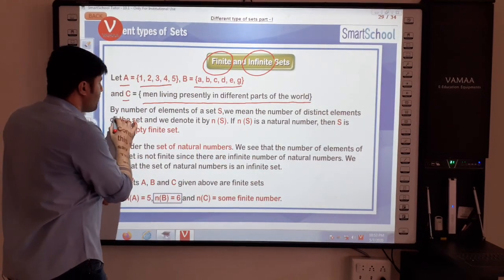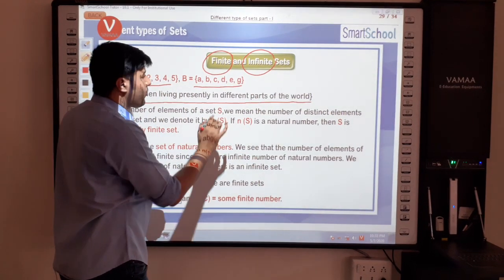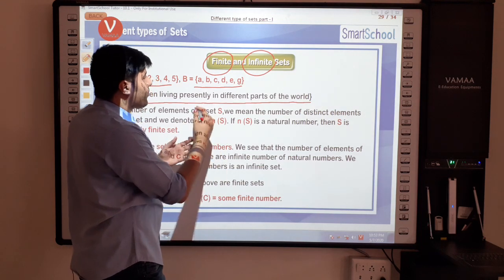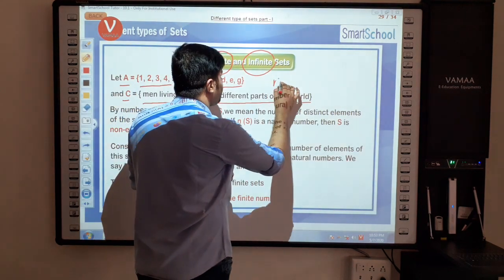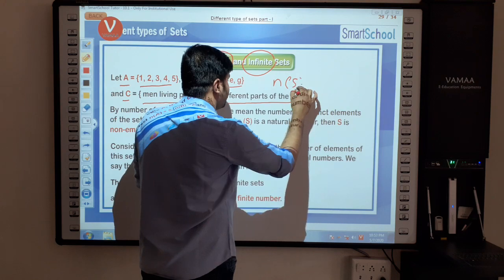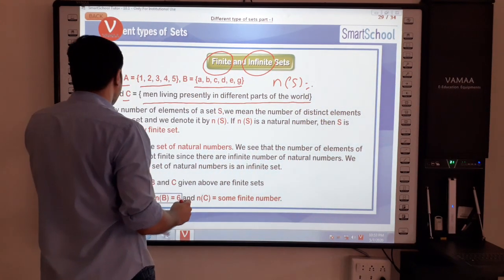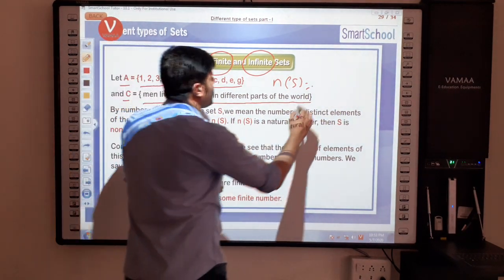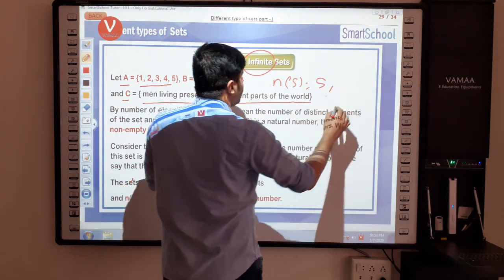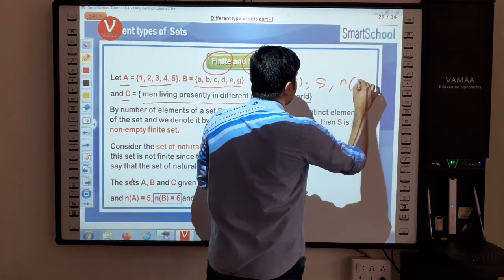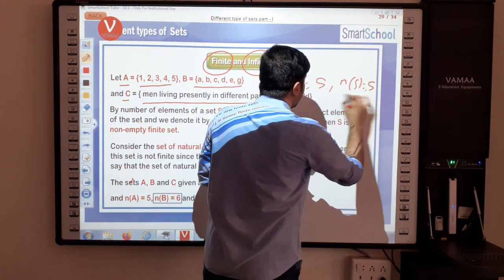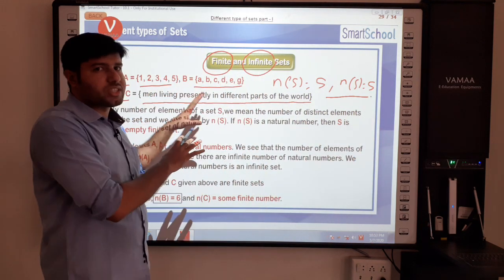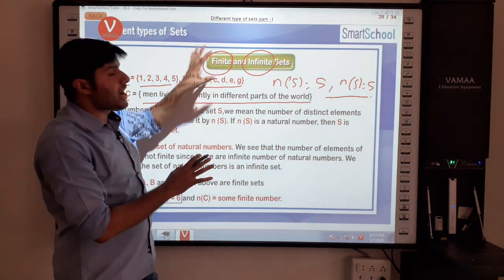So here we can show the number of elements of the set. For example, here the number of elements is equal to 5. Similarly, in set B the number of elements is also equal to 5. So all these kinds of sets are considered finite sets.